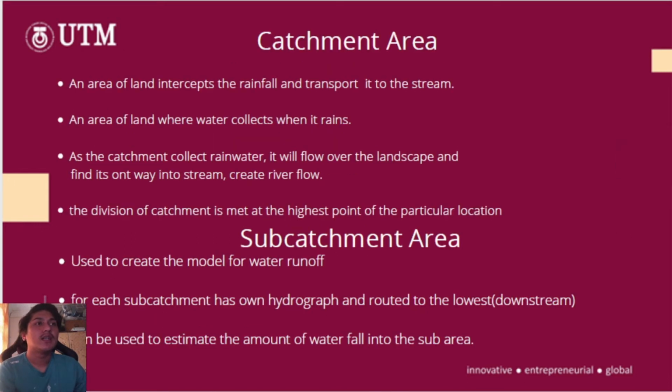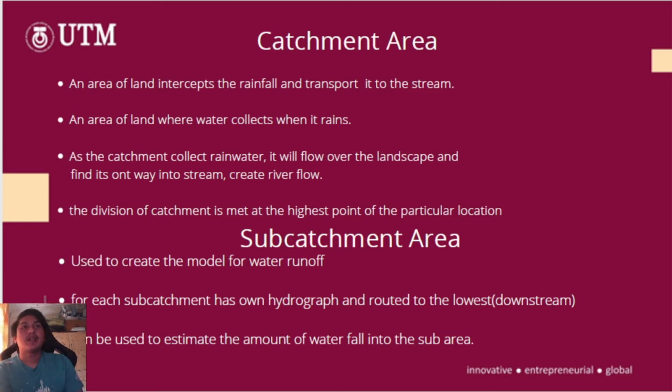So the next theory is catchment area. By definition, a catchment area is an area of land that intercepts rainfall and transports it to the stream. A catchment area is also an area of land where water collects when it rains.